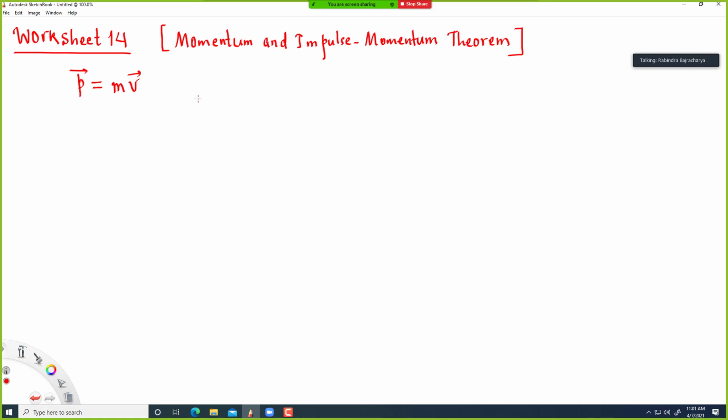To change the momentum of an object from some initial momentum to some final momentum, you need to apply a force for some time, meaning you need to apply impulse. Impulse is the quantity that depends on both force and time. So impulse changes the momentum.